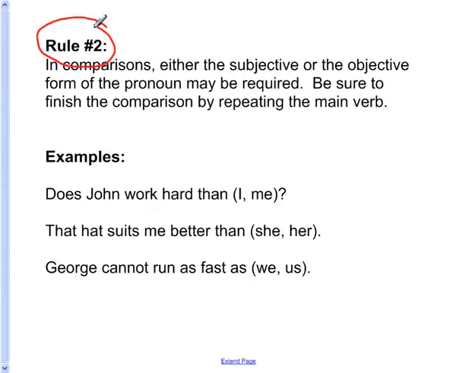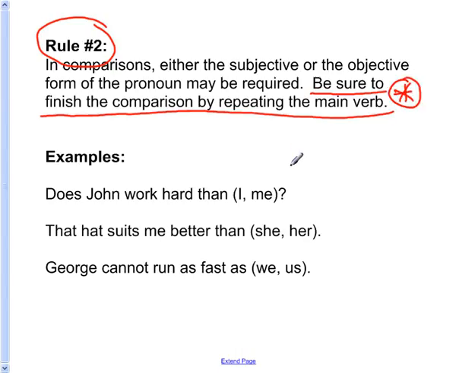Rule number 2. In comparisons, either the subjective or the objective form of the pronoun may be required. The best way to figure out how to do it is be sure to finish the comparison by repeating the main verb. That's the best way of figuring out which form of the pronoun to use. For example, example number 1.